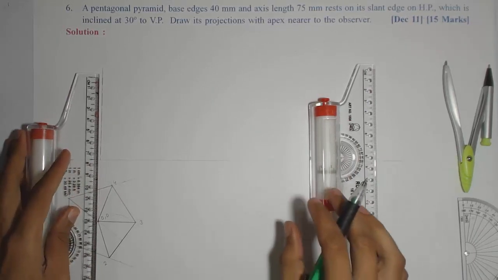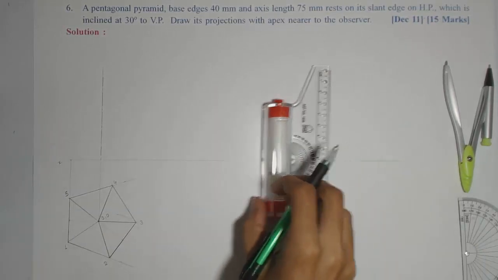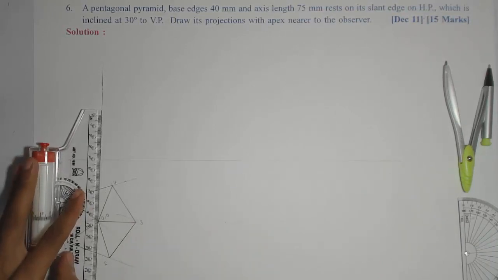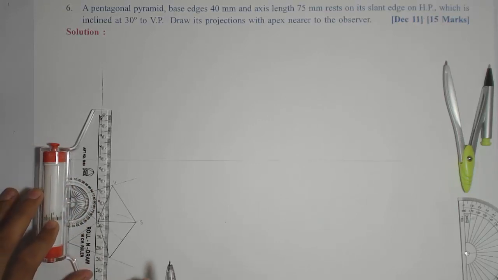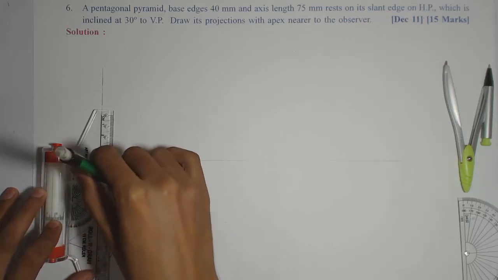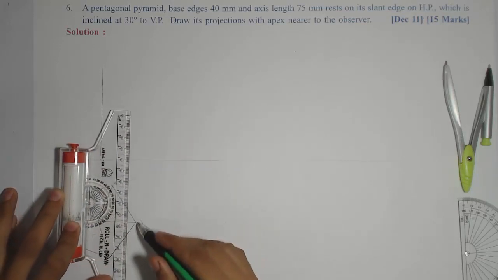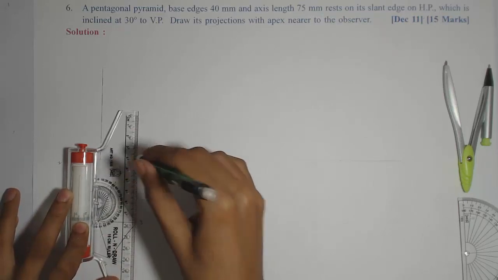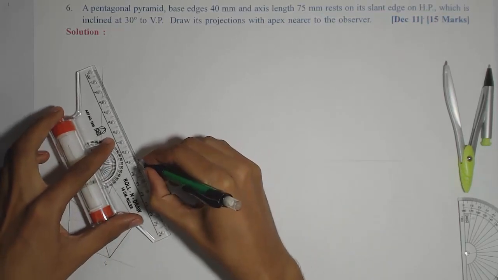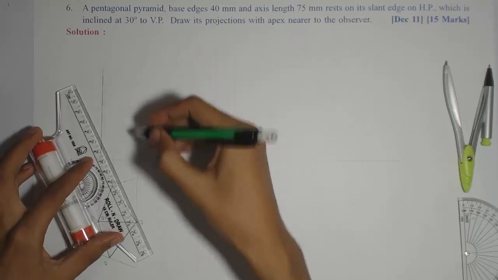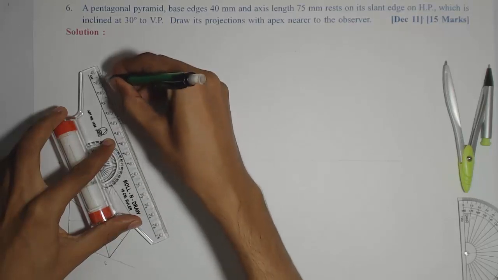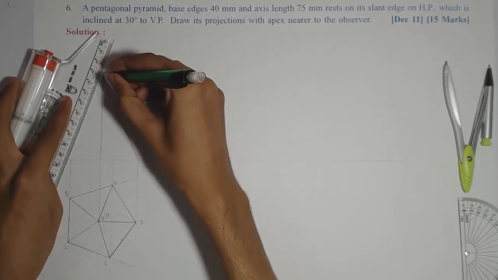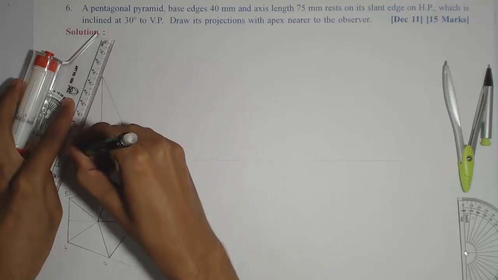Okay. Then we'll just project the other corners of the pentagonal base up to XY line. Then we will draw the slant edges in front view. So here 2 and 4, projectors from 2 and 4 are coinciding, and then 3. So we will just join the boundary with the apex, which is at a height of 75 mm in front view. So after joining with the apex, we will get the slant edges in front view.